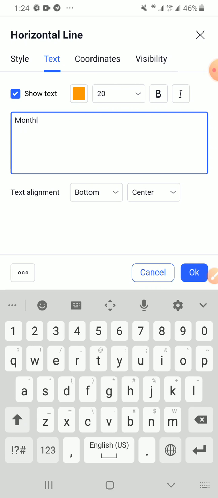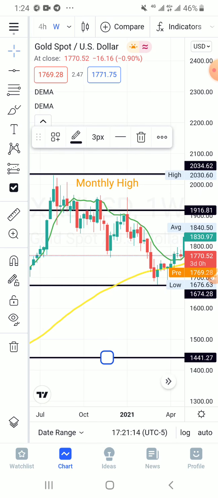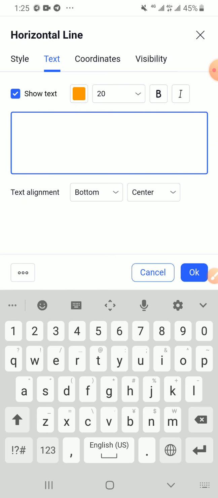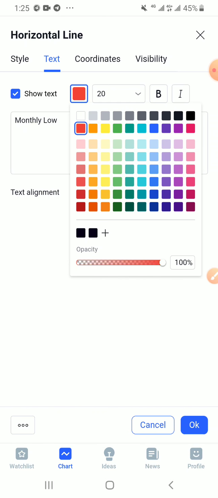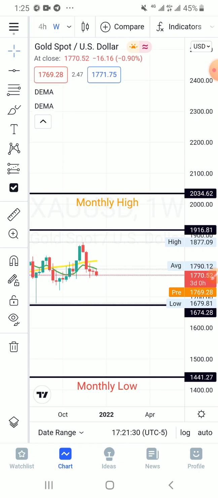And so, monthly high. You can see that is a monthly high, and this will also be monthly low, and that's monthly low. So you can see right now the monthly resistance area and the monthly support area.